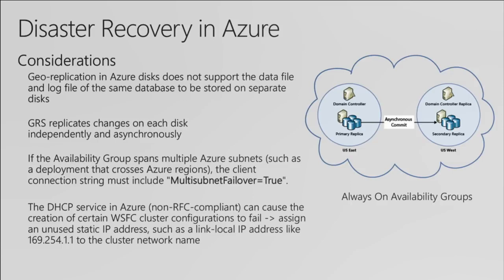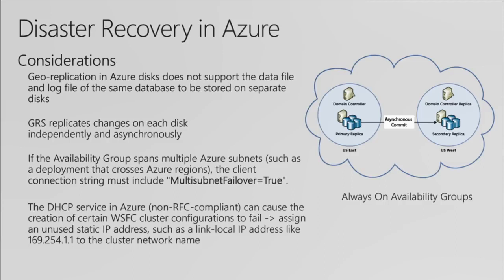The other thing is if you separate virtual machines in Azure and they're on separate networks, we have to add another bit to the connection string: multi-subnet failover equals true, to say they're on different subnets. Another little gotcha is the DHCP service that comes built in with Azure virtual networks.